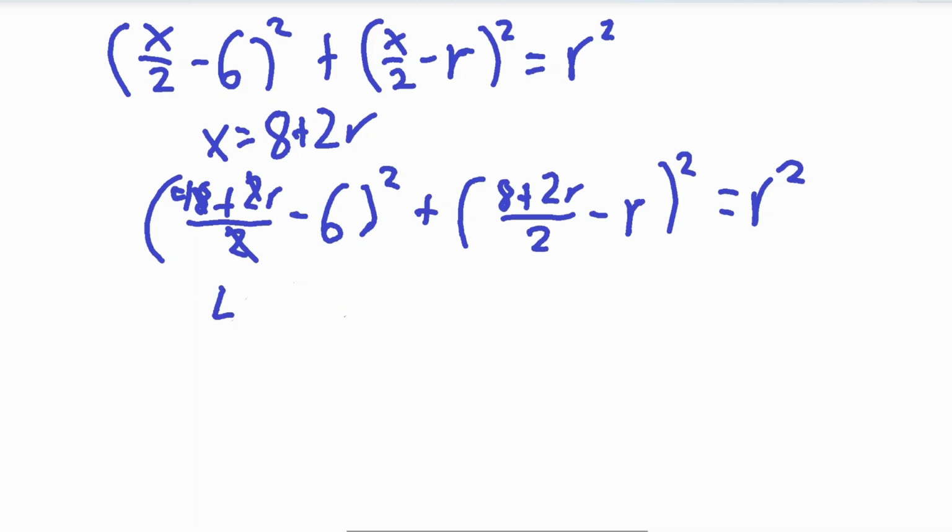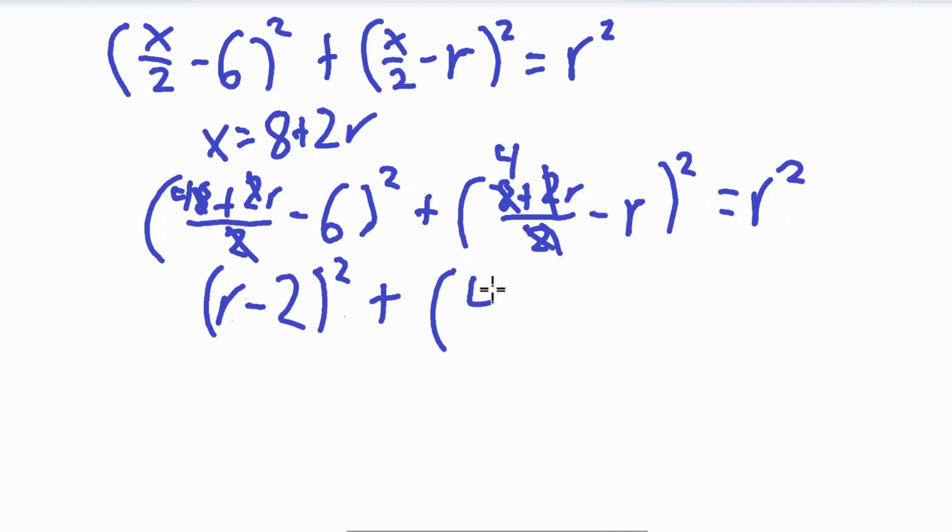So the new thing will be (r minus 2) squared, plus, same thing here, the 2 cancels out the 2r on top, it becomes r, and then the 8 becomes 4. And in this case, the r minus r would just leave us with 0. So we have just 4 here, and that's squared. And that is all equal to r squared.